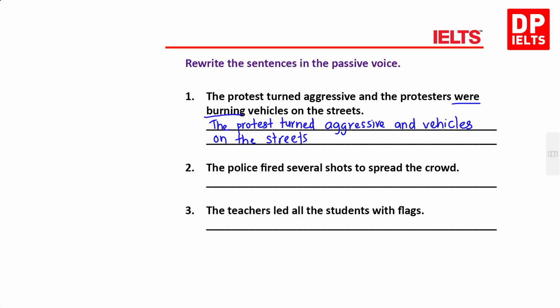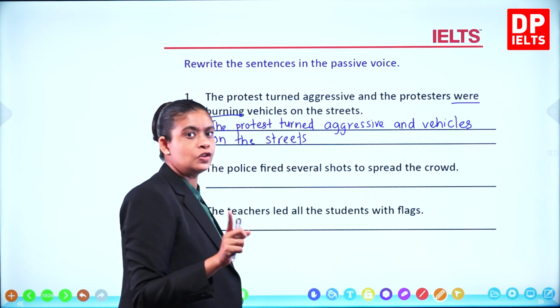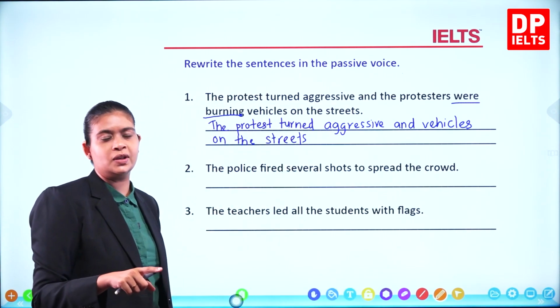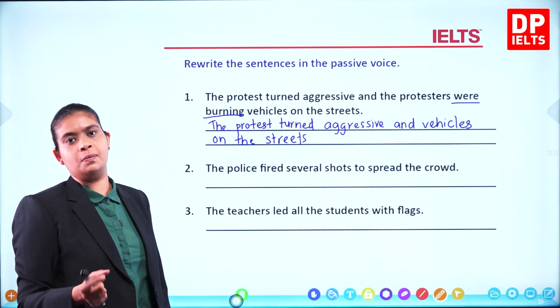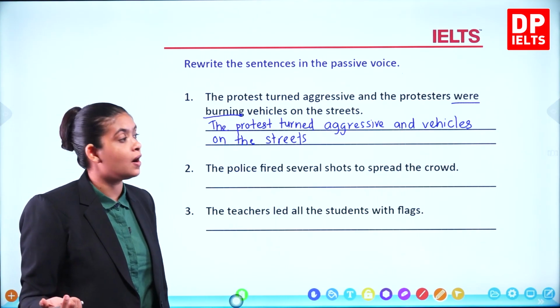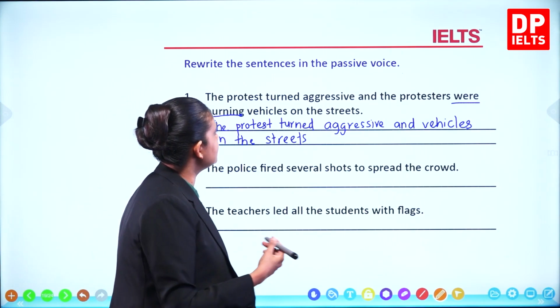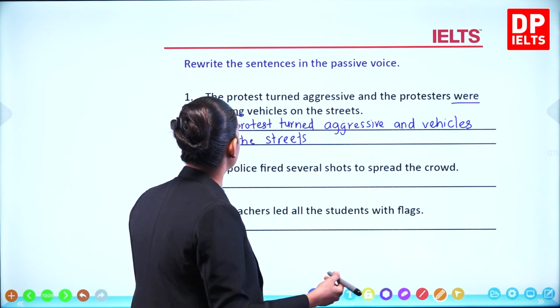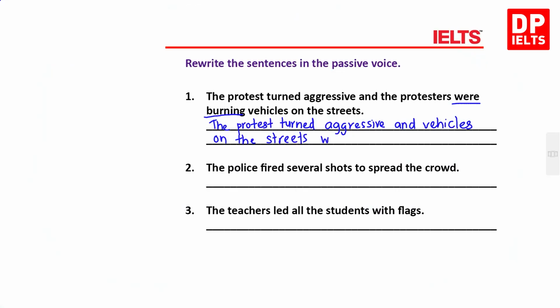So it is past continuous tense, right? So when it is past continuous tense, when it is changing, was or were plus the being verb plus the past participle. So the protest turned aggressive and vehicles on the streets were being burnt by the protesters.